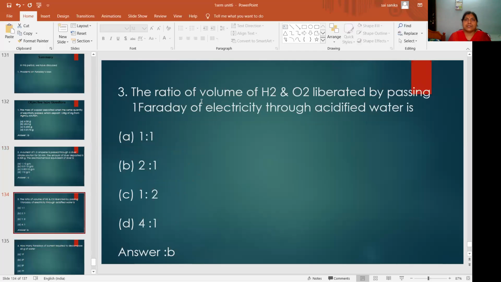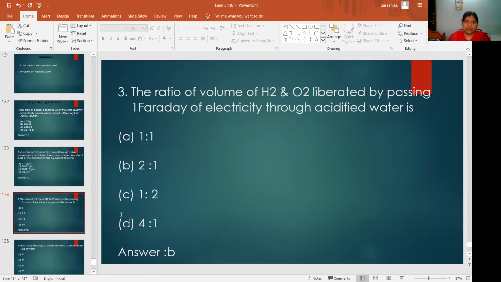Next, the ratio of volume of H2 and O2 liberated by passing 1 Faraday of electricity through acidified water. So here 1 Faraday of electricity is passing through the acidified water. What is the ratio of volume of H2 and O2 liberated? He is asking.